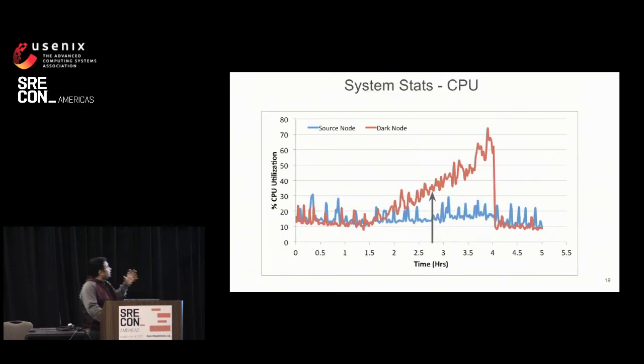In the same way, you can monitor the CPU and make sure how your system utilization looks. At that time we saw about 30% CPU utilization on the dark node. So this indicates how much your system can handle.